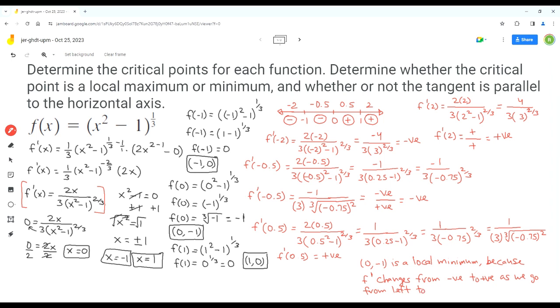So this is a very important concept we need to understand and memorize.